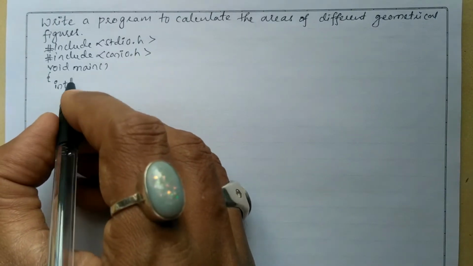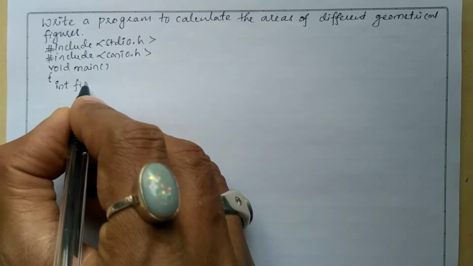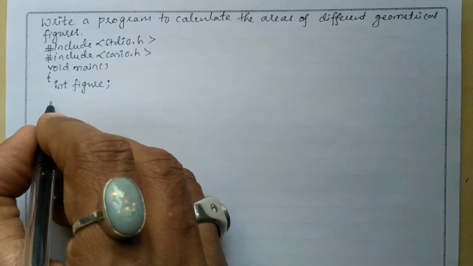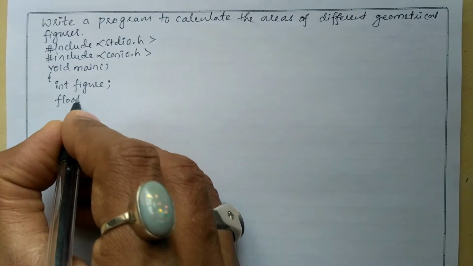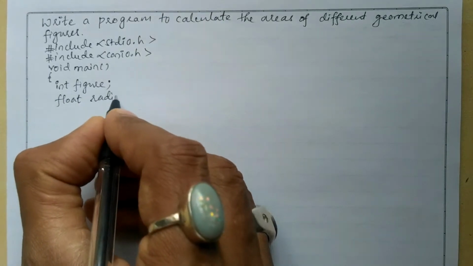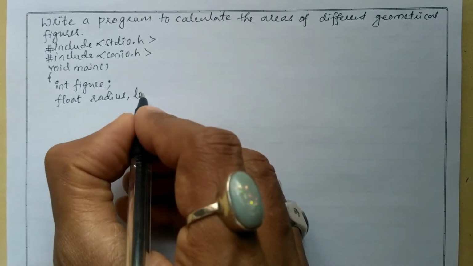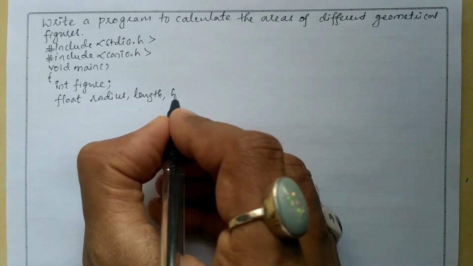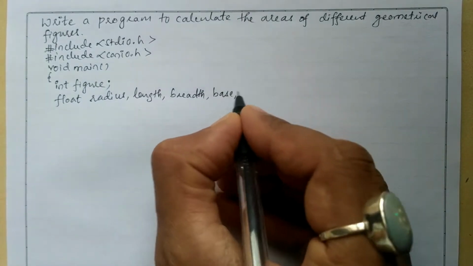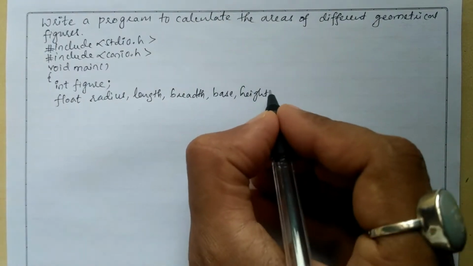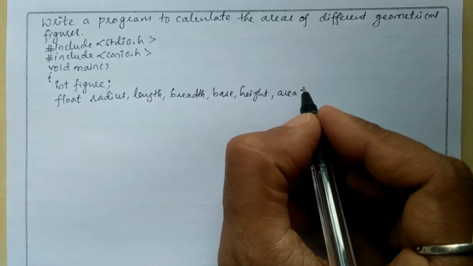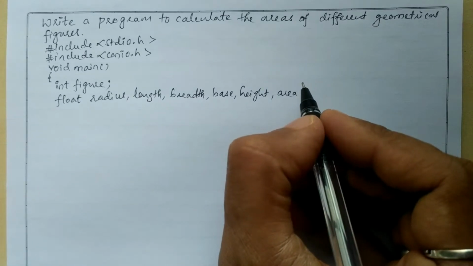Here I am going to declare one variable called figure of type integer and put semicolon, and next I am going to declare some other variables of type floating point, and here I am going to write radius and length, breadth, base, height and area.